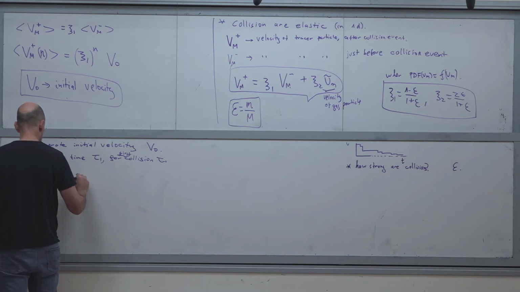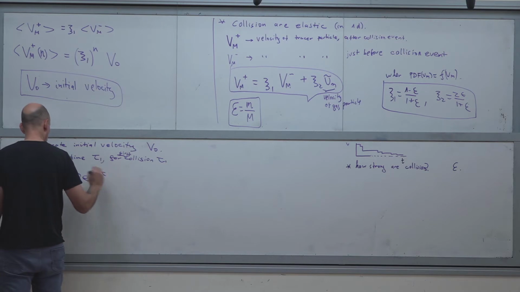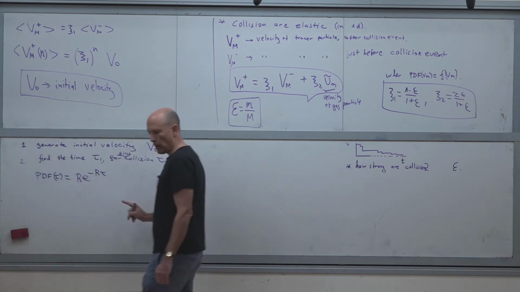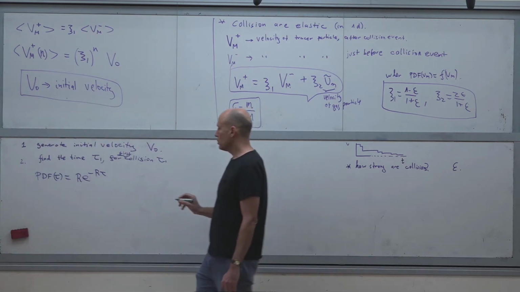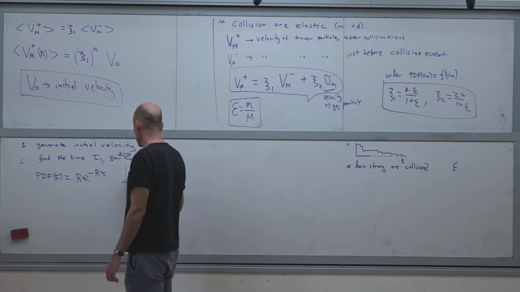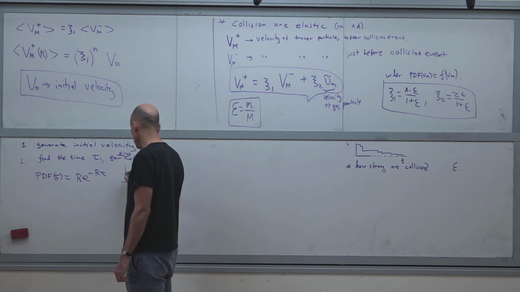We're going to assume this rate assumption, that this is given by an exponential distribution. So the distribution of times between collisions is going to follow an exponential law. This is the PDF of tau.